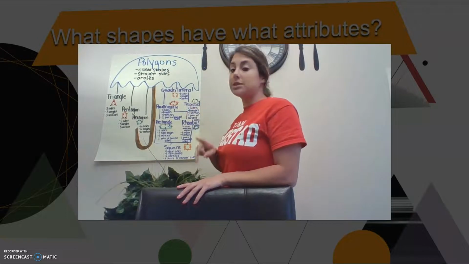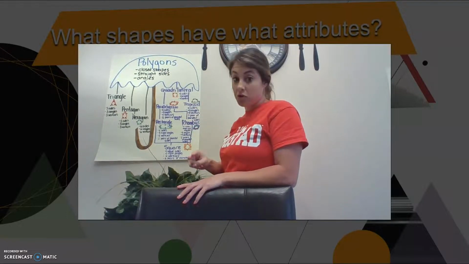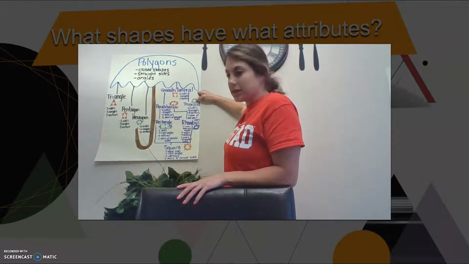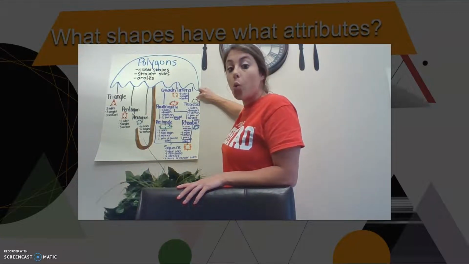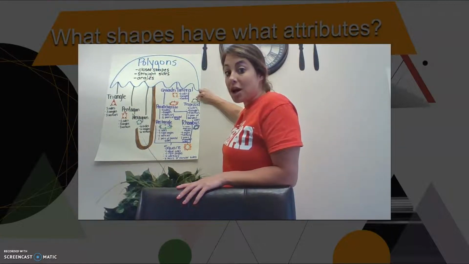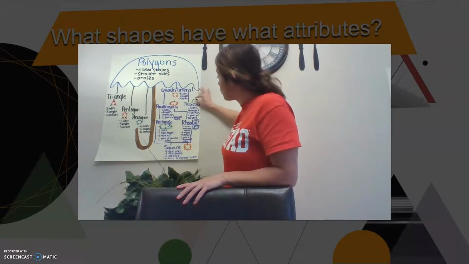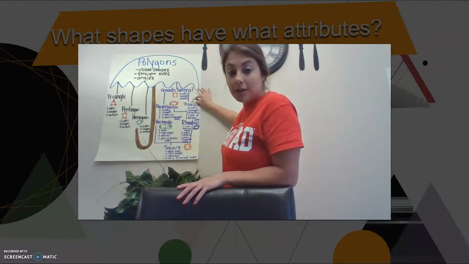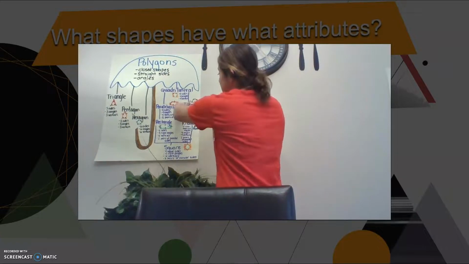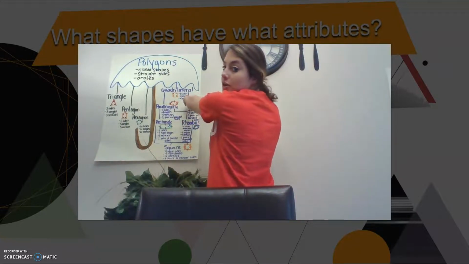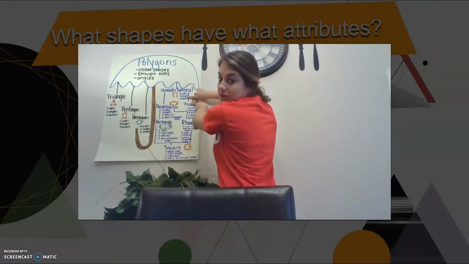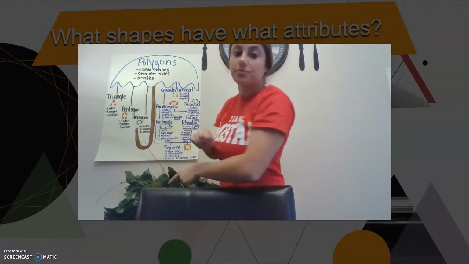Remember, the trapezoid still has the 4 sides, 4 angles, 4 vertices, but it has, and if you see these red lines right here, 1 pair of parallel sides. Remember, a pair is 2 lines, so these right here would be my parallel sides, but I only have 1 pair, not 2, because these other sides would end up running and touching each other. See that? But these would continue forever, never touching.